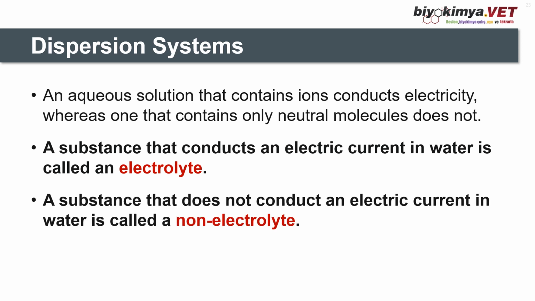A substance that does not conduct an electric current in water is called a non-electrolyte, and hydrogen peroxide can be a good example of a non-electrolyte solution. Aqueous solutions prepared with ionic substances, or substances which can ionize in their dissolved state, can be good electrolytes. Examples are acids, bases, and salts.